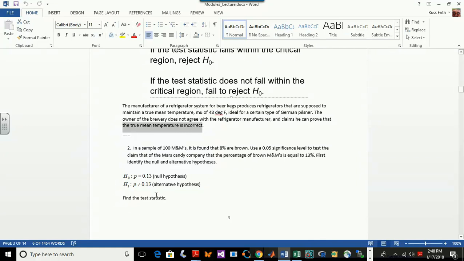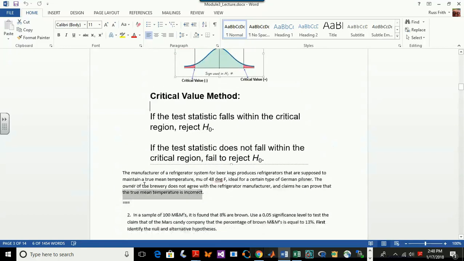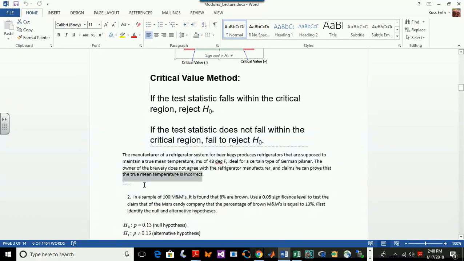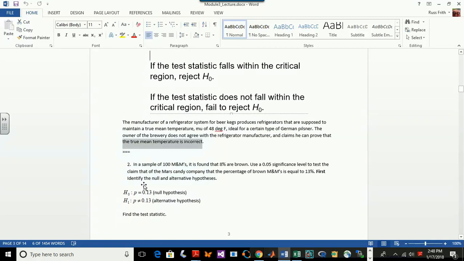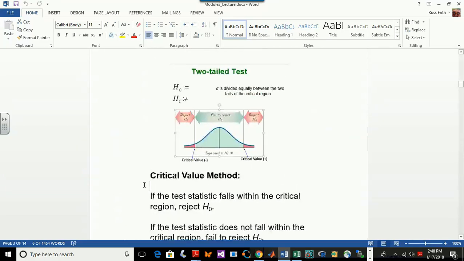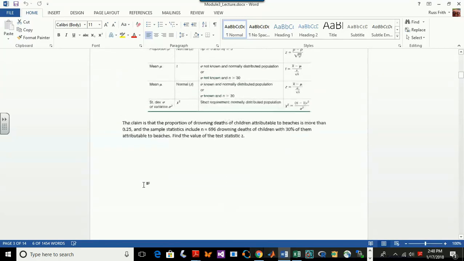Okay, so since we're dealing with proportions, and let's see, we can assume that the proportion times the sample size is much bigger than 5.